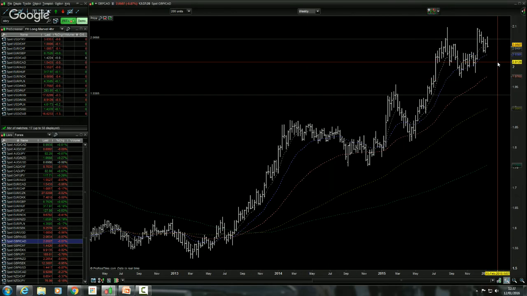Now, of course, for Pound CAD to go lower, that would obviously mean CAD would be stopped in its tracks, and oil prices would potentially stabilize around here. I think we're at a $30 handle. And for a lot of people, that may seem, oil and Canadian dollar is in a significant downtrend.